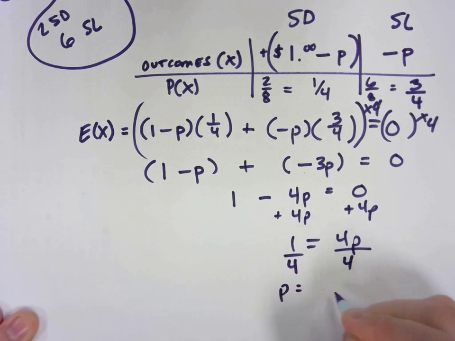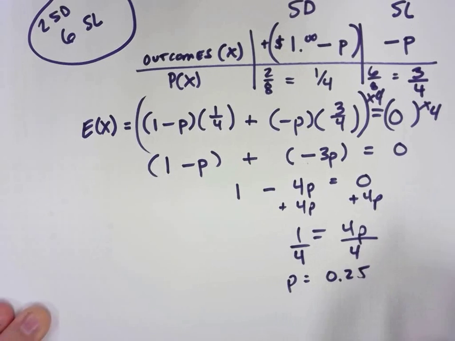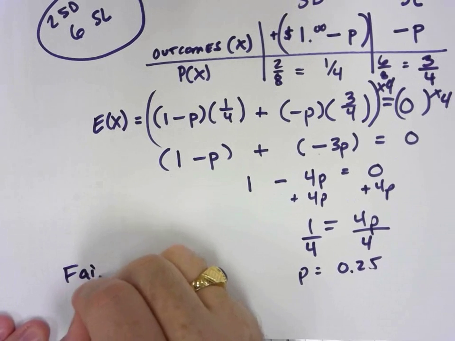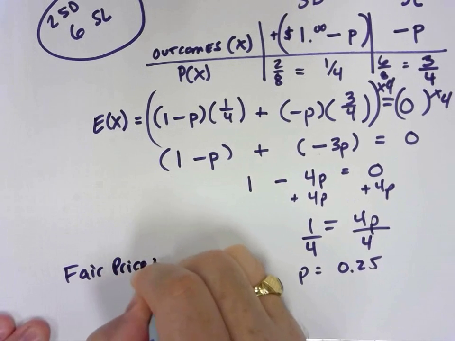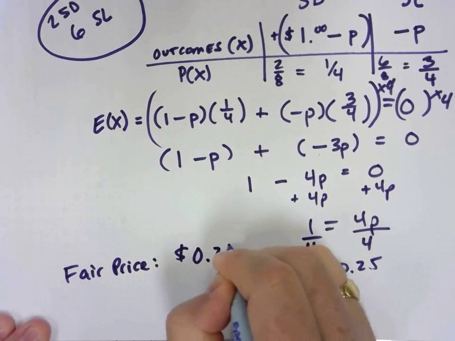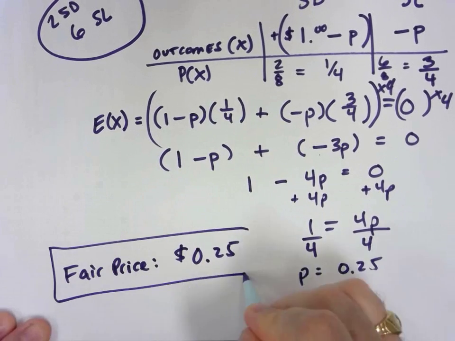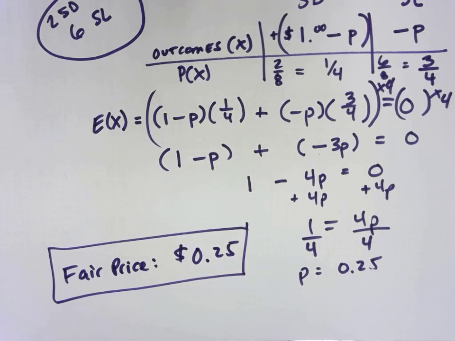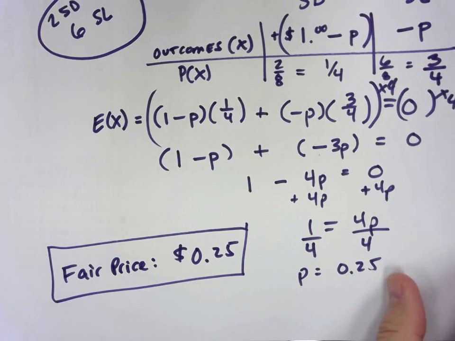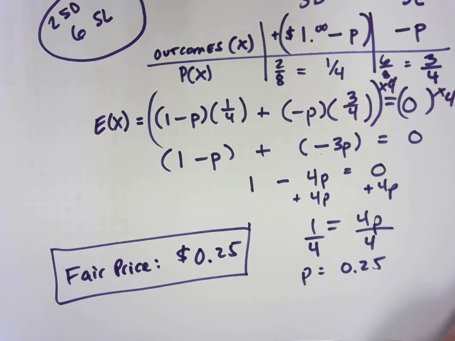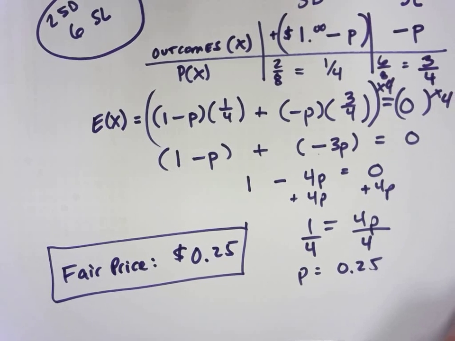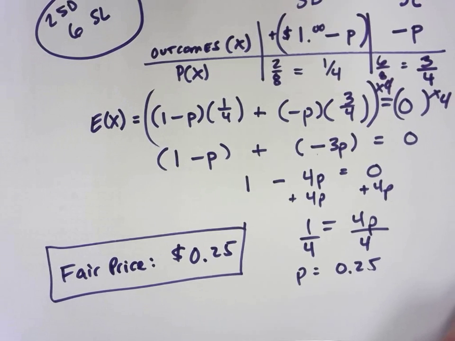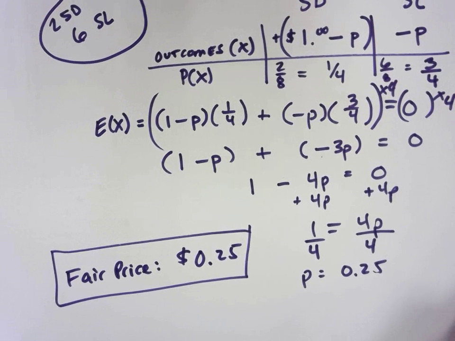So you get p is equal to 0.25. So the fair price is going to be 25 cents. Which means if I pay a quarter on this game, I'm doing good. That means I can play it and not risk just handing someone money, because I may have a good chance of winning.